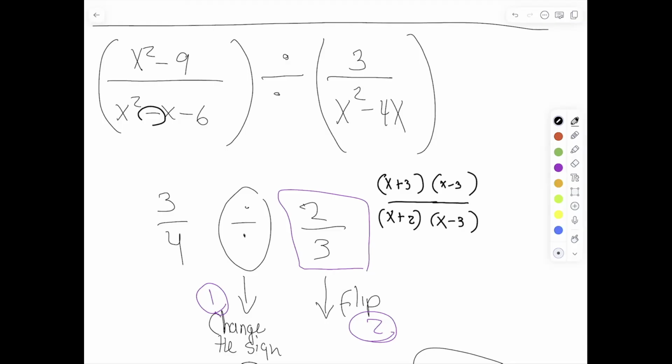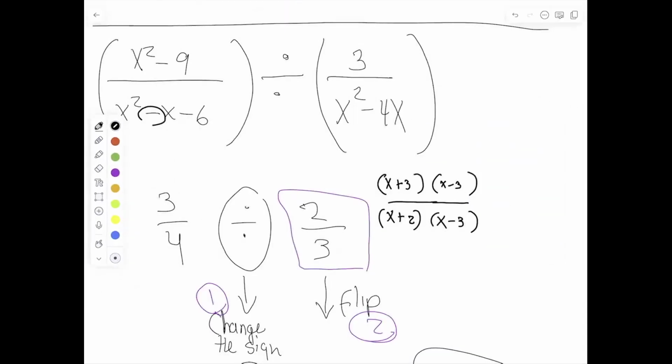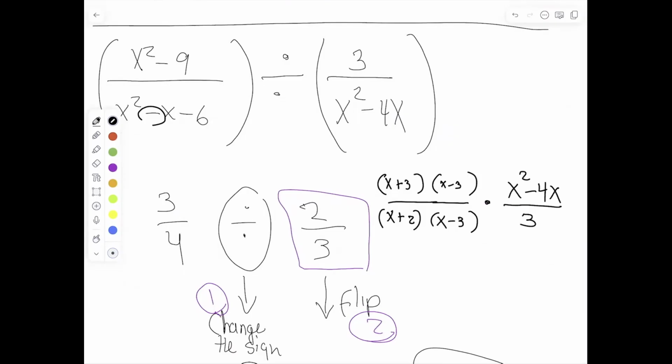So I just did the fraction on the left. The problem comes when I have to do the fraction on the right. I have to flip that fraction because I changed the sign. You see this? So I got to flip it because now it's multiplication.